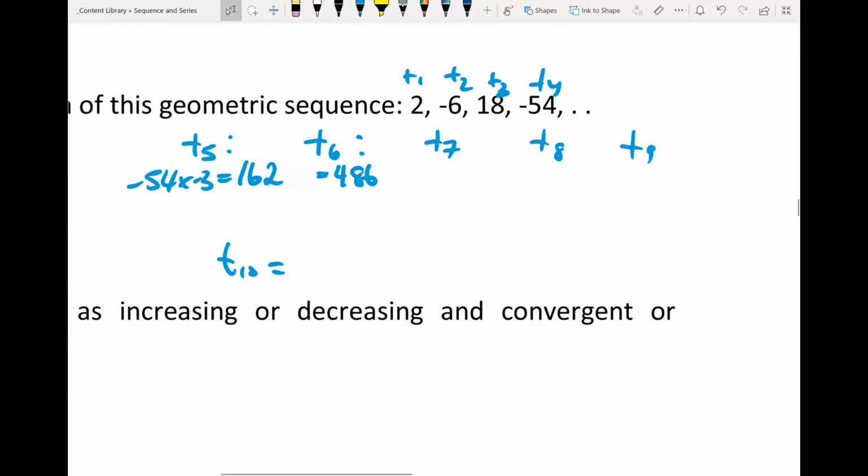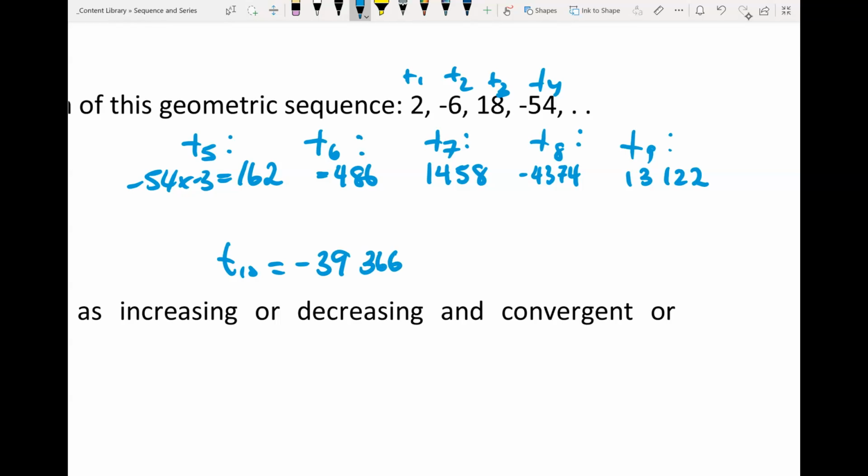If I multiply -486 by -3, I'm going to get positive 1,458. Then I'm going to multiply this by -3. I'm sure you get the pattern. So I'm going to multiply that by -3. And our final answer for T10, I'm going to multiply 13,122 by -3. We're going to get -39,366.